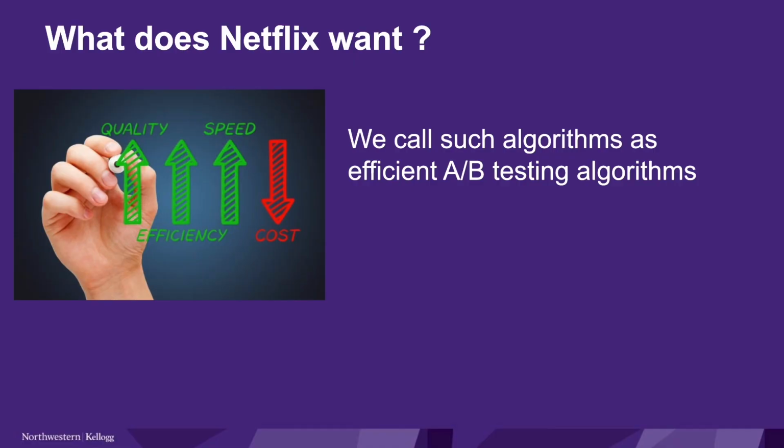So what do they want? They would like an algorithm that is more efficient and less costly, and which can tell them the difference in the click-through rates as fast as possible. I'm calling those algorithms efficient A/B testing algorithms.